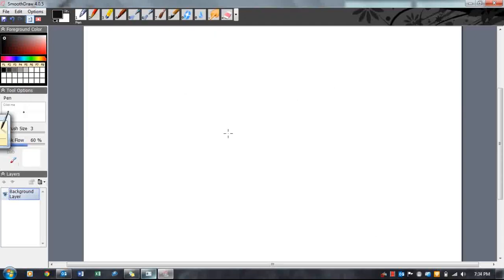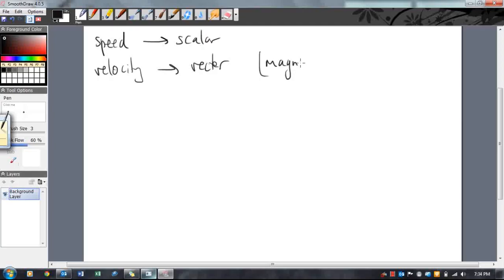Just finally, I haven't spoken about what speed is. Speed is a scalar, whereas velocity is a vector. Okay, so velocity has magnitude and also has a direction, whereas speed only has magnitude, it has no direction.